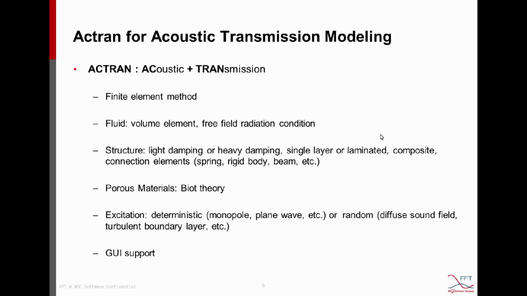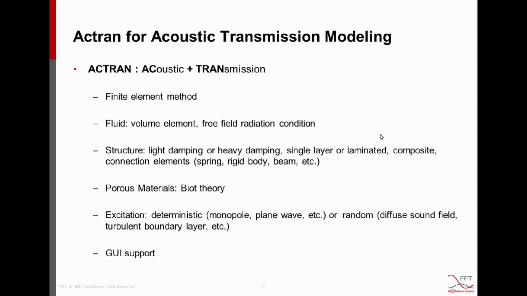Actran is a finite element code. It has fluid volume elements to model air or heavy fluid, and it has the free field radiation condition to model anechoic conditions, for example.